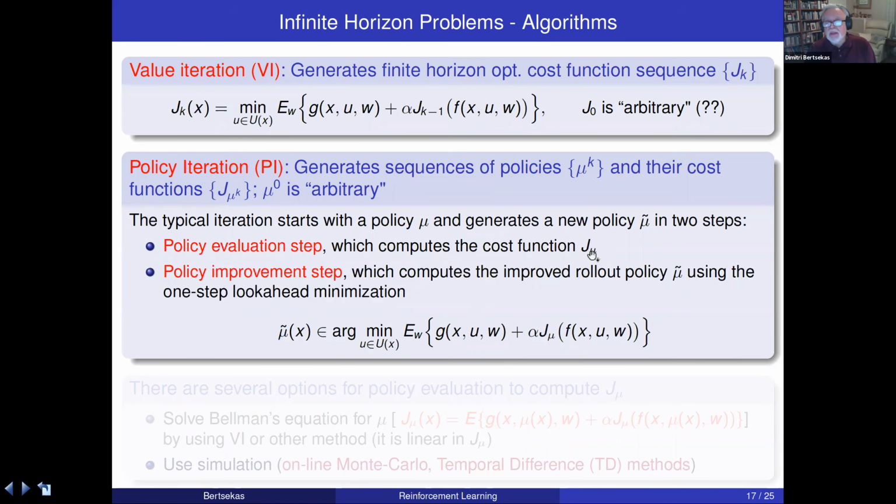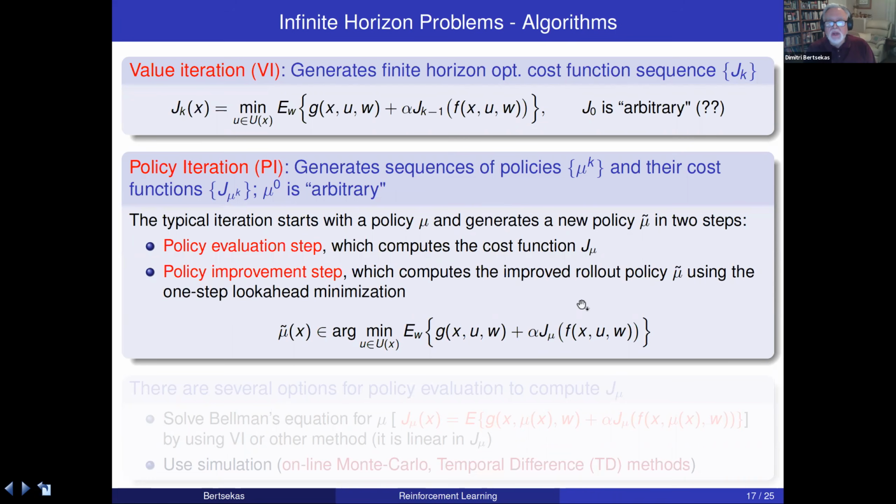And then having calculated J mu, we calculate the new policy, which we will refer to as the rollout policy, using the one-step look ahead minimization that we have seen before, except that it uses not J star, but rather J mu, the cost function of the policy that you have started with, okay? So two steps: policy evaluation, policy improvement, get a new policy, and then do policy evaluation once more, policy improvement, and so on. And this is the exact form of this algorithm.